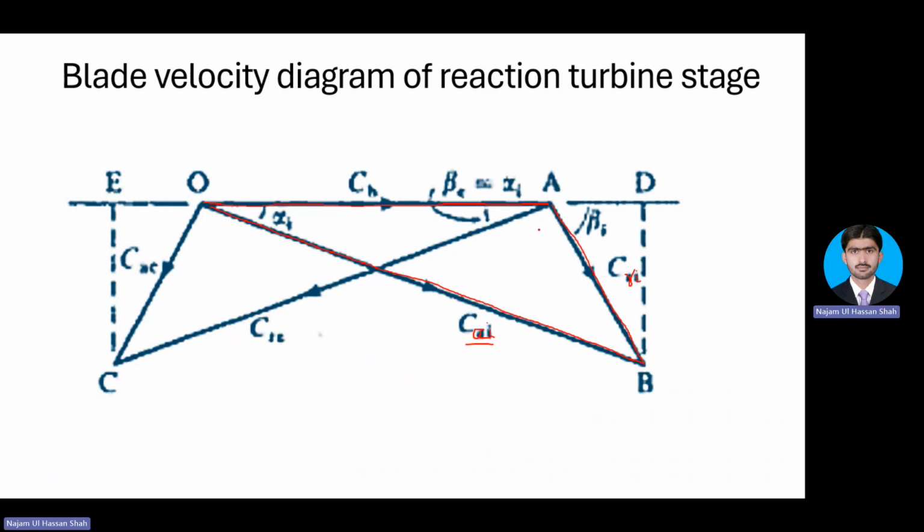On the left side, we draw the exit velocity triangle, the larger side representing the relative velocity at the exit, CRE, and the smaller side represents the absolute velocity at the exit. This is CAE.